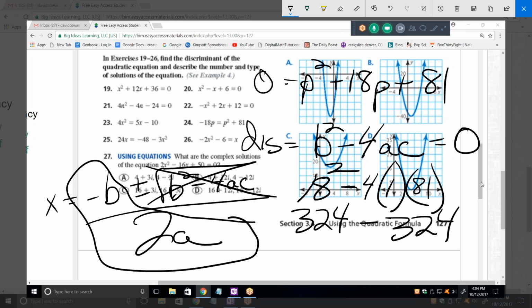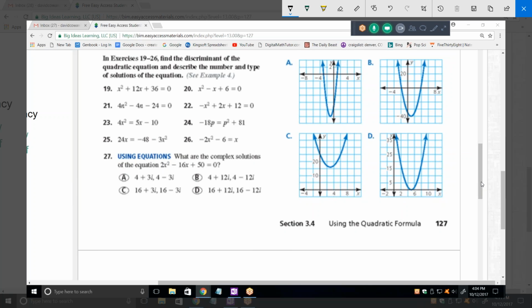The reason you get 2 solutions with every other possibility is that plus or minus, as long as the discriminant is anything other than 0. If it's 0, you don't have a plus or minus. You only have one solution, and it's minus b over 2a. All right. Let's look at 26. Put that in standard format.